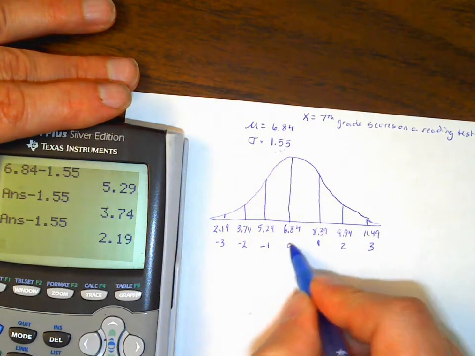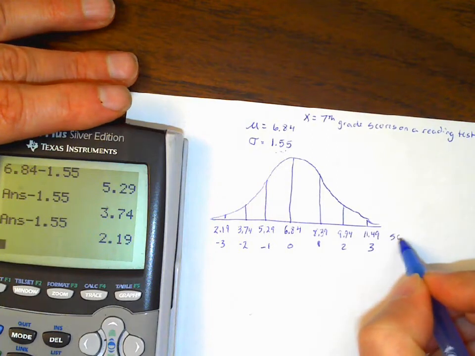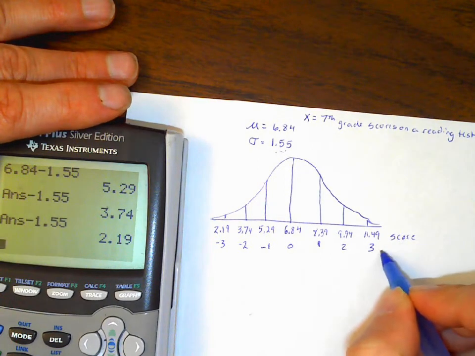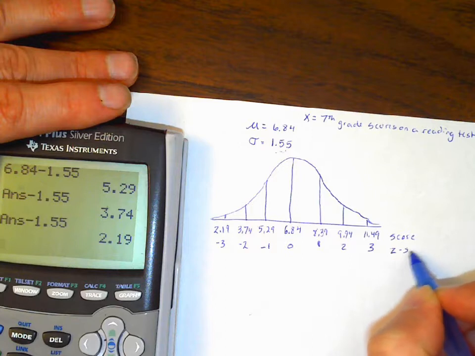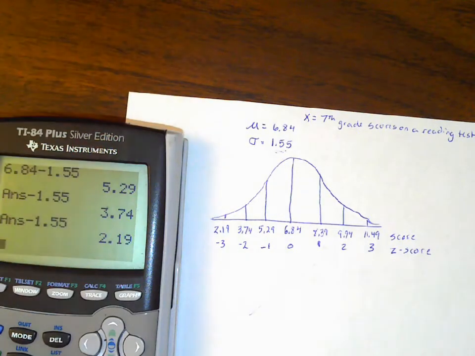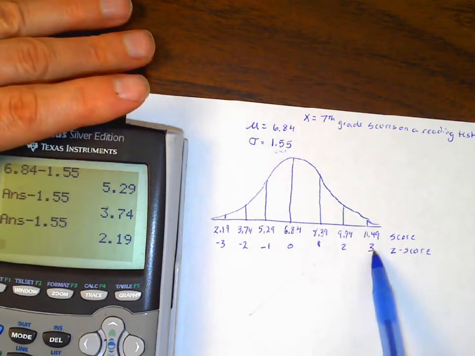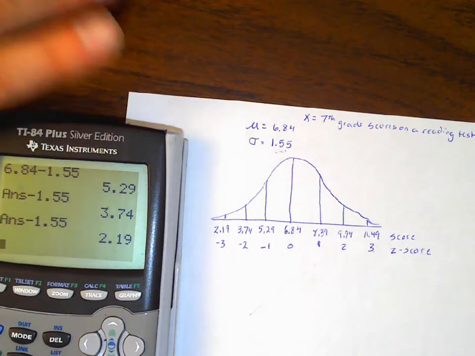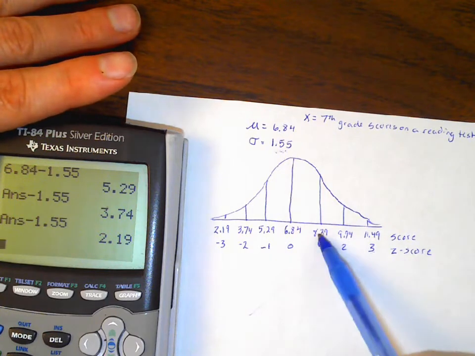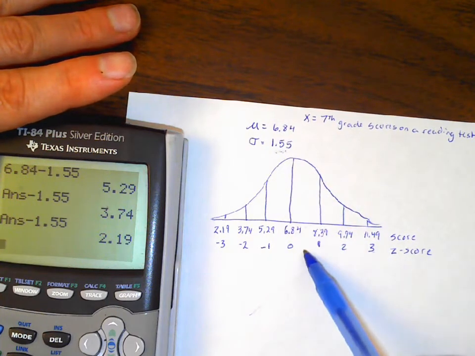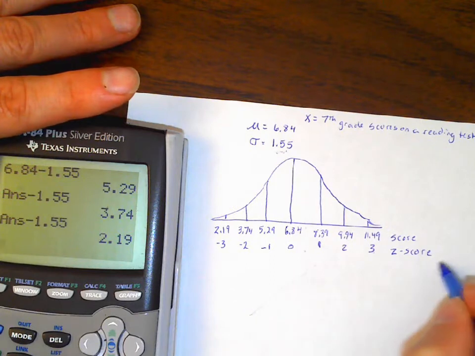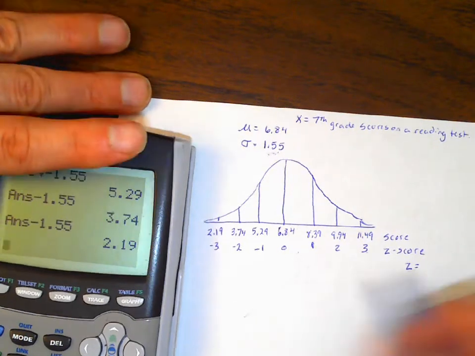Okay, so this is the actual score. This number right here is called the z-score, and we're going to work more with that next week on Monday. But this is the z-score, and this is how it corresponds. If I had a score halfway between here, I would have a z-score of 1/2. If you remember, we did z-scores a little bit in the past. Z-score is how many standard deviations away it is, right?